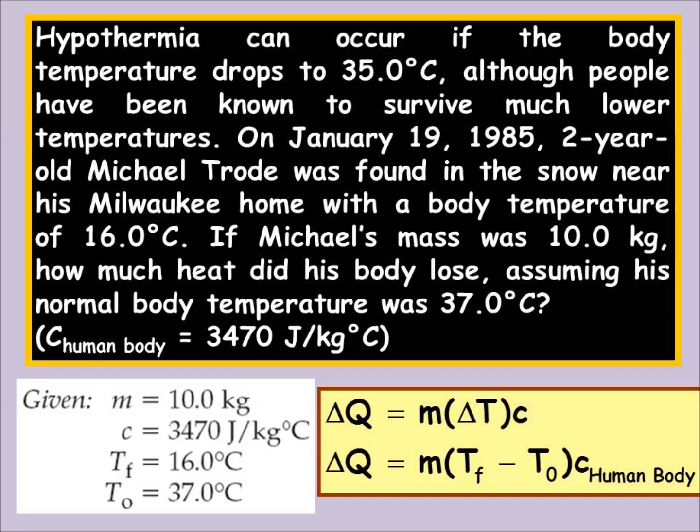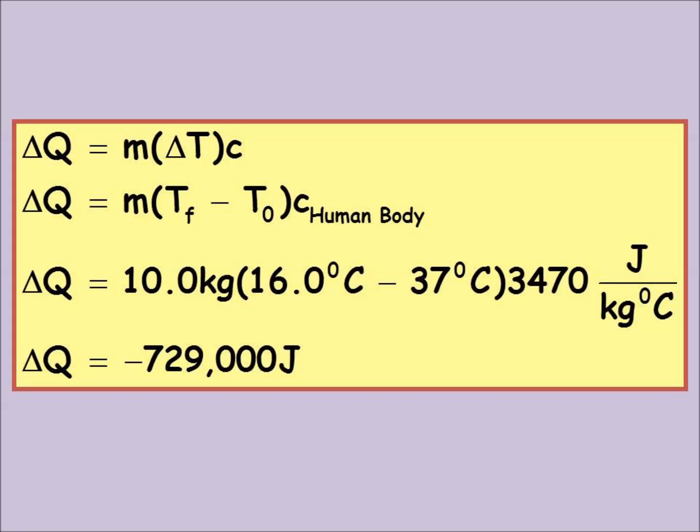There is the equation. There's the important information. Plug in to the equation. T sub 0 is T naught, that's initial, and you'll come up with a value of negative 729,000 joules. Notice we're using joules per kilogram degree Celsius.